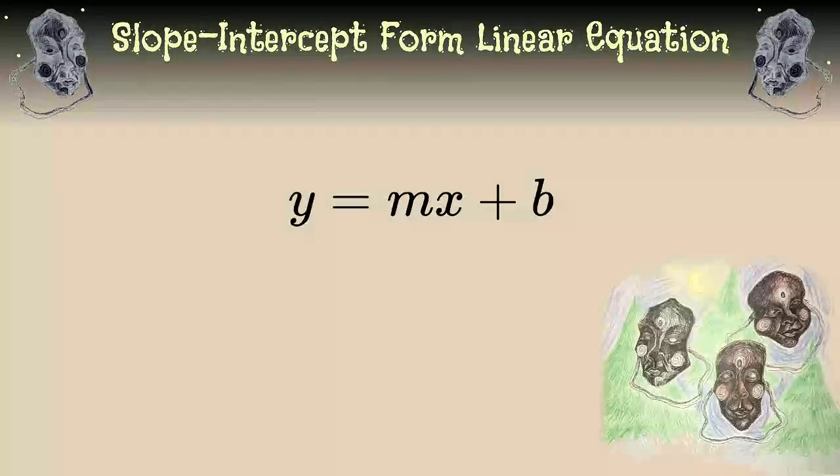So this is the general slope-intercept form of a linear equation. And again, I'm just going to remind you that the slope is right there, the y-intercept is right there.